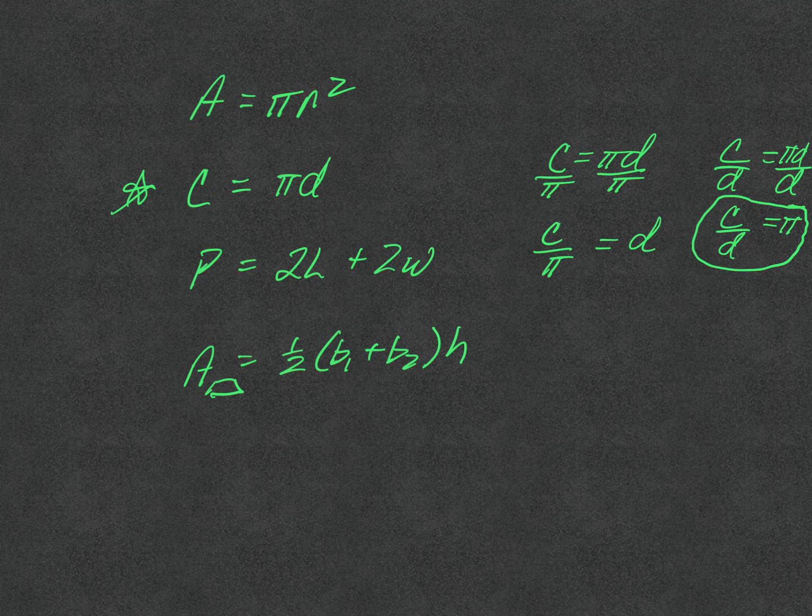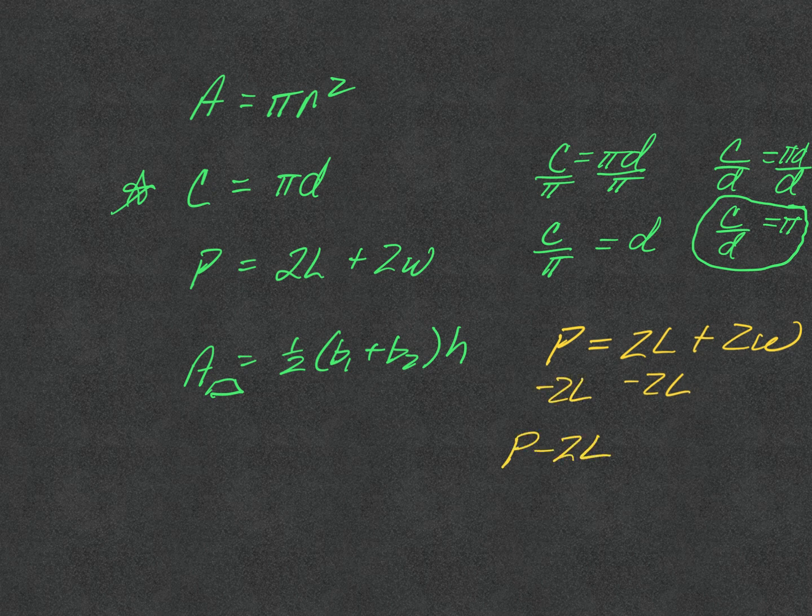these can be more complicated. For instance, like the perimeter. Suppose we want to solve for the width, and so we take the perimeter equals twice the length plus twice the width, and then we subtract twice the length from both sides. So we get p minus 2l is equal to 2w, and then we multiply both sides by 1/2 or divide by 2.